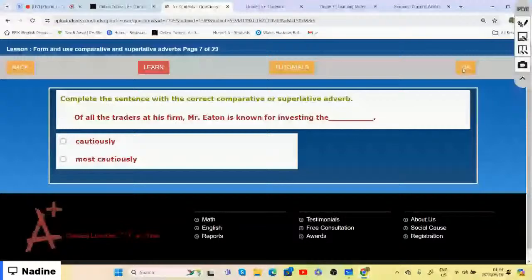And if we do the last one, it says, of all the traders at his firm, Mr. Eaton is known for investing the cautiously or the most cautiously. Which one is correct?